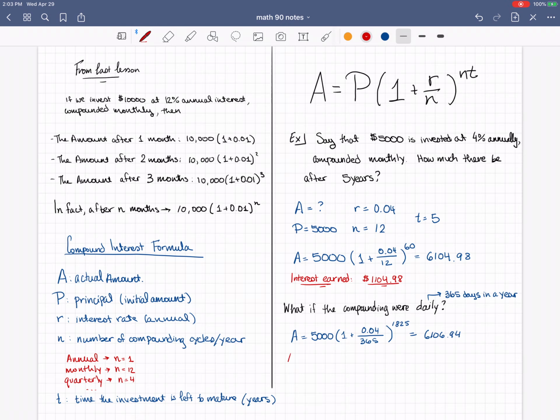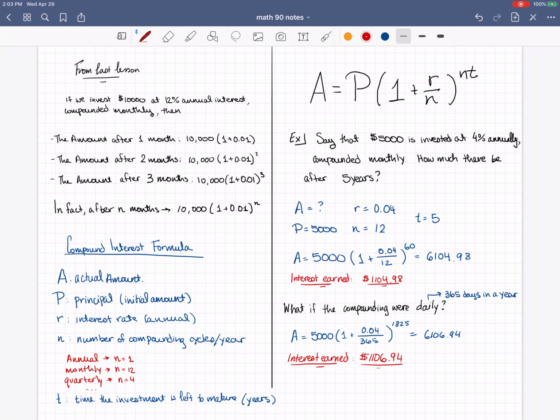So the interest that you earn in 5 years is $1,106.94. So it's a little bit bigger, but it's not even $2.